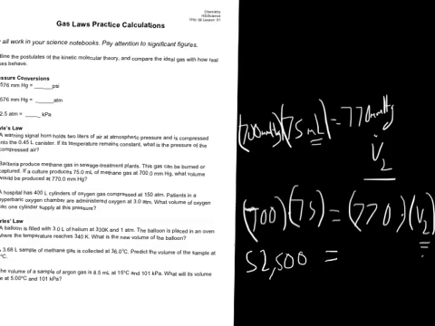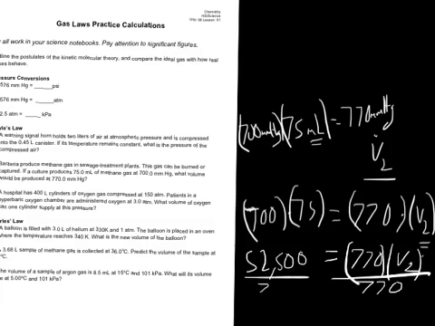I'm going to place that as equal to 770 times V2. So I want to divide by 770 on this side, and divide by 770 on this side. 770 cancels out, and I'm left with my answer.